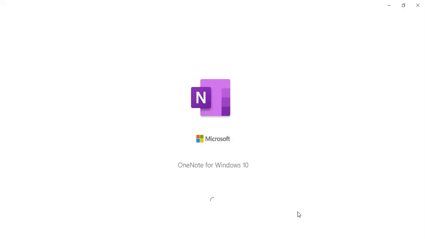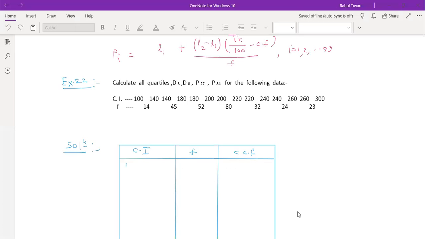Just a minute, I'm opening that notepad again. So it is 100 to 140, 140 to 180, 180 to 200, 200 to 220.